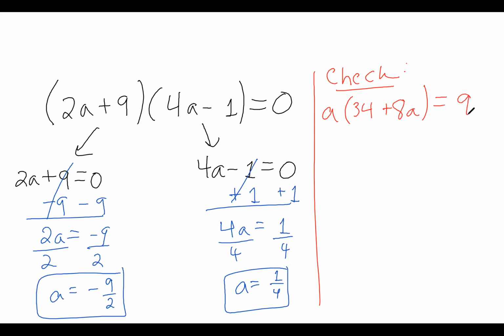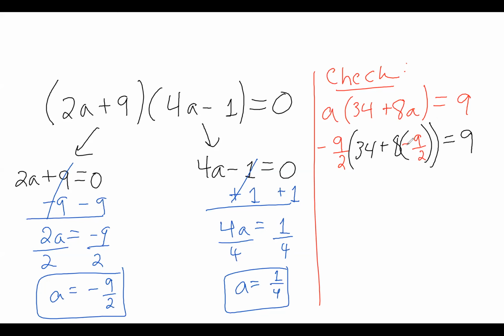That's what we're checking, so make sure you're plugging into the original problem. I'll replace a with negative 9 over 2. So negative 9 over 2 times (34 plus 8 times negative 9 over 2) equals 9. It doesn't look very nice right now, but we're going to work on simplifying.